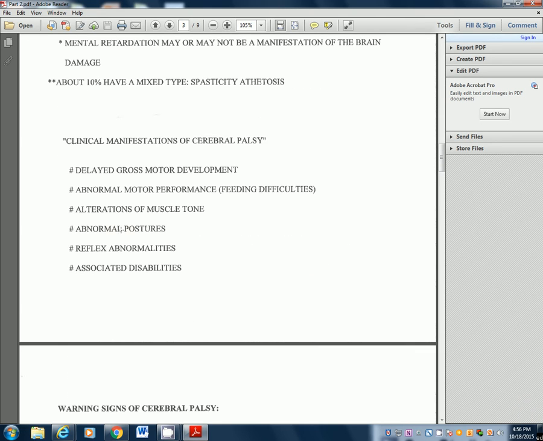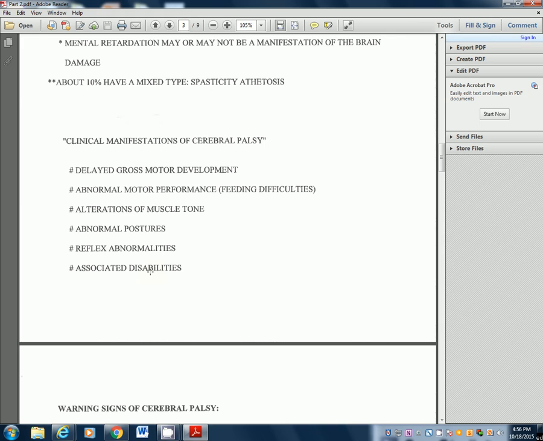Clinical manifestations are listed on page 1092, also in your book. It goes over delayed gross motor development, abnormal motor performance, particularly feeding difficulties, and we'll talk about that later, alterations of muscle tone, abnormal posturing, reflex abnormalities, and associated disabilities.